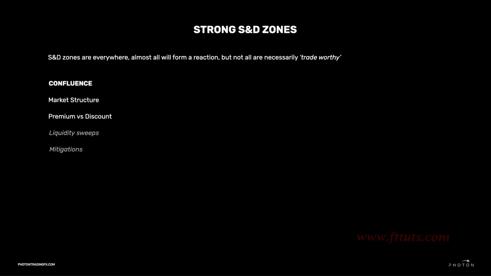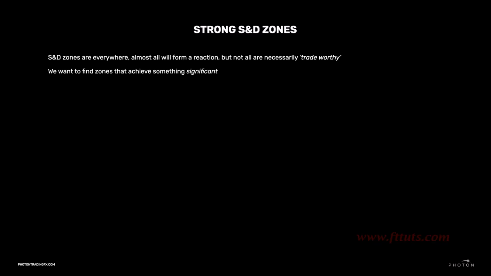So we can use market structure to help us with direction, premium and discount to see how well priced the zone is, and then liquidity sweeps and mitigations, which we will cover at a later point. So all of these are pretty nice to have, and we really do want to see them, but they do not necessarily have to be a very strict minimum requirement.